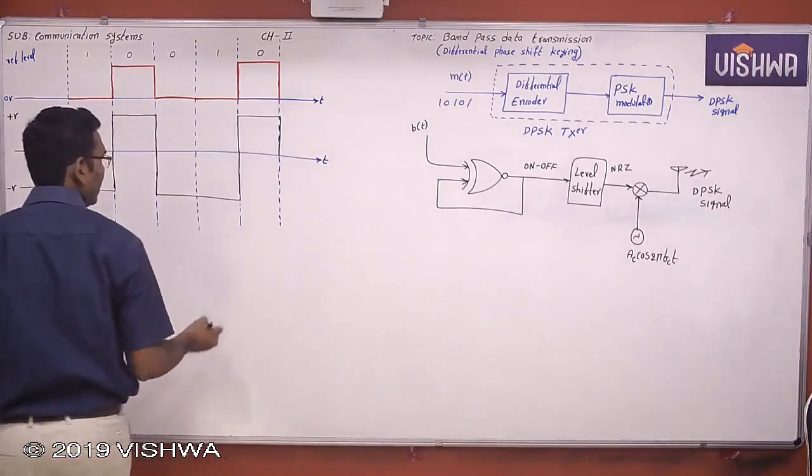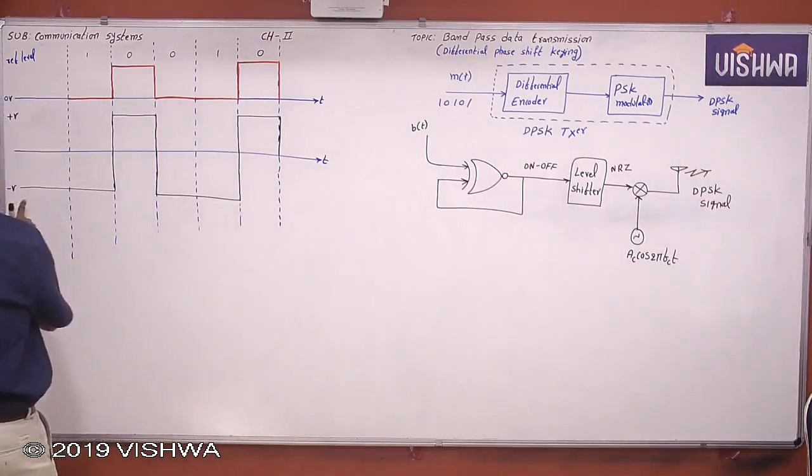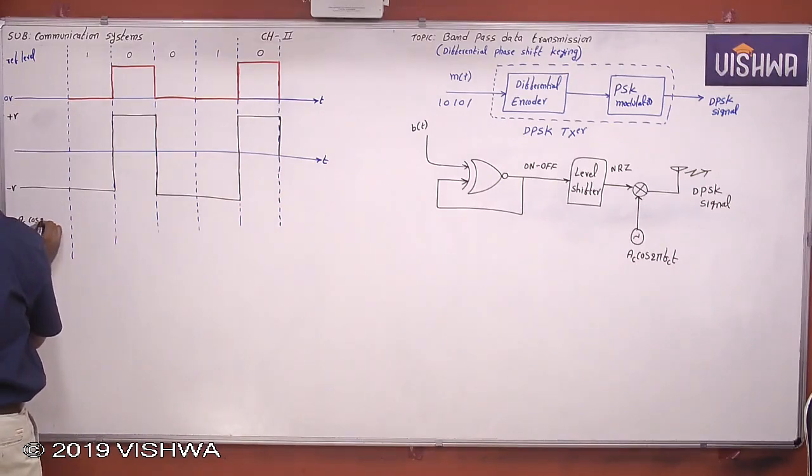So I'll write here directly Ac cos 2 pi fc t multiplied with minus. Therefore, this is minus Ac cos 2 pi fc t.